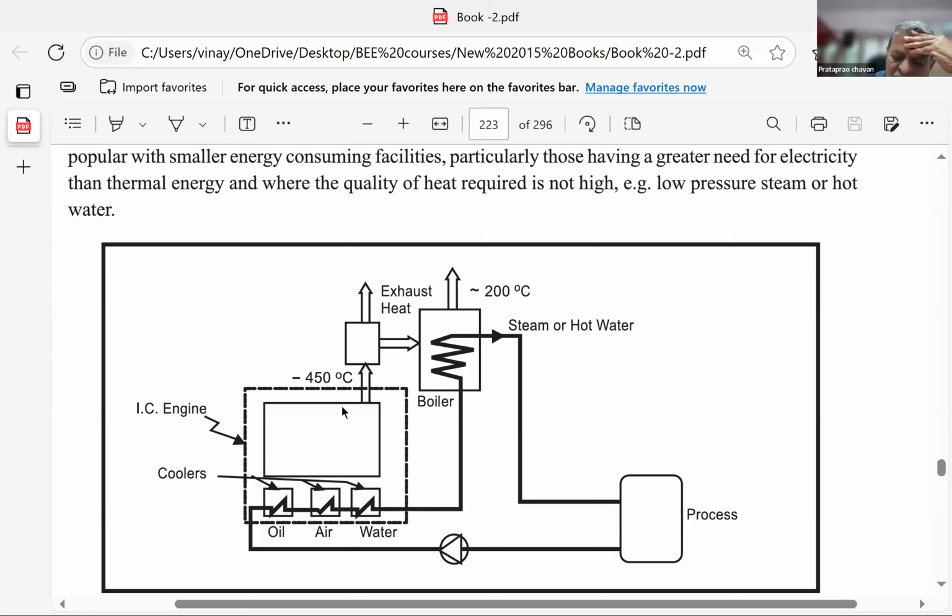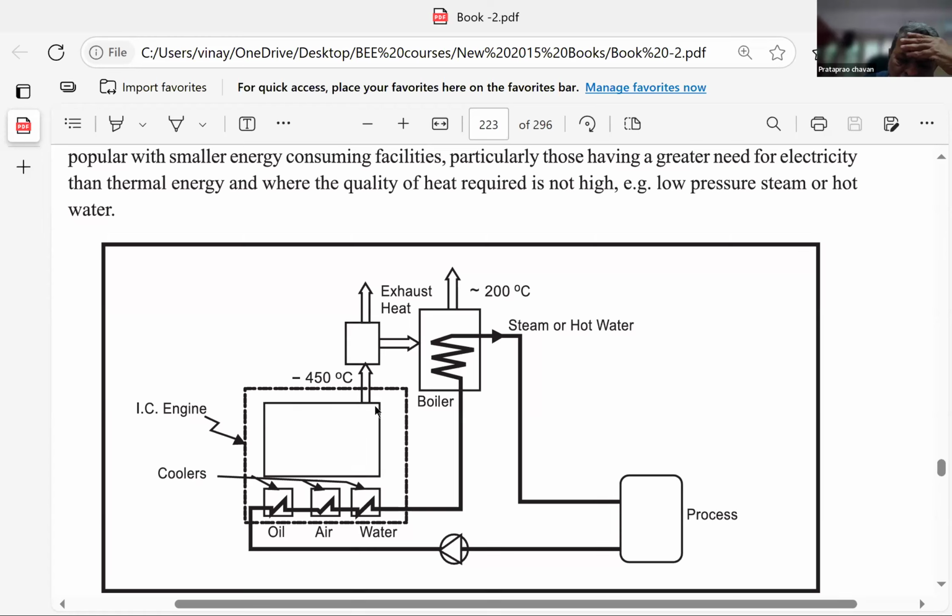But their shell in which the piston and cylinders are operating like this, they reciprocate. Due to the friction and the compression ratio, the heat is generated inside and the entire thing becomes hot. So unless you take out this heat from the jacket of the engine, it will not remain cool.